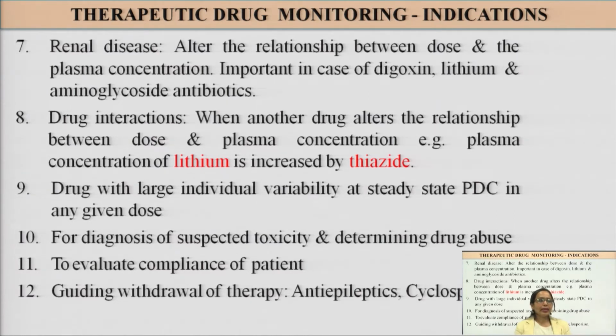Next, where TDM is indicated is drug interactions, when another drug alters the relationship between the dose and plasma concentration, like plasma concentration of lithium being increased by thiazide. If by any pharmacokinetic drug interaction the plasma concentration of one drug gets deviated by another one, here also therapeutic drug monitoring is essential.